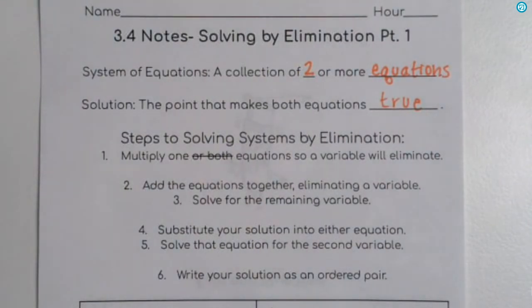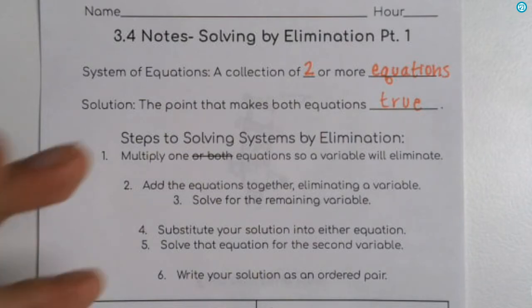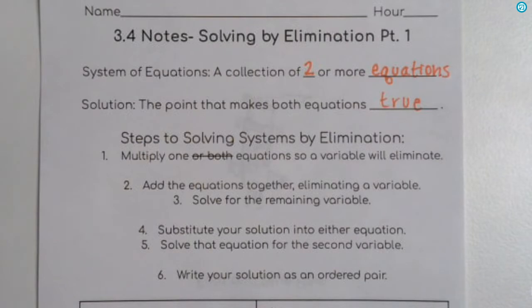The strategy that we are using today is called elimination, because instead of substituting in one variable for another like we've been doing, we are going to be able to just eliminate one of our variables so we can solve for a variable. Then we plug that back in to solve for our other variable.